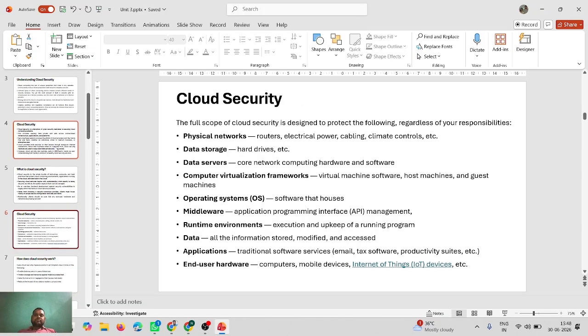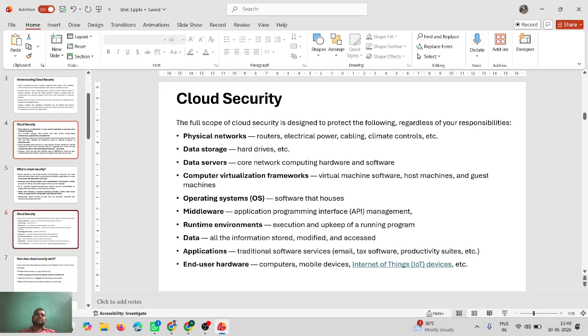So the scope of cloud security is to protect physical networks, as I said, physical networks, and data storage like hard drives, memories, and flash drives, portable devices, right? Data servers, starting from your core network or pool of network servers, right? And virtual computer virtualization frameworks, operating systems, right?